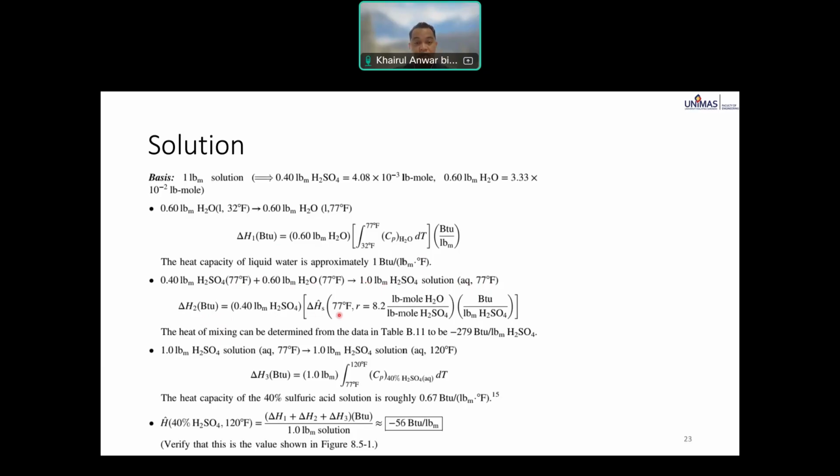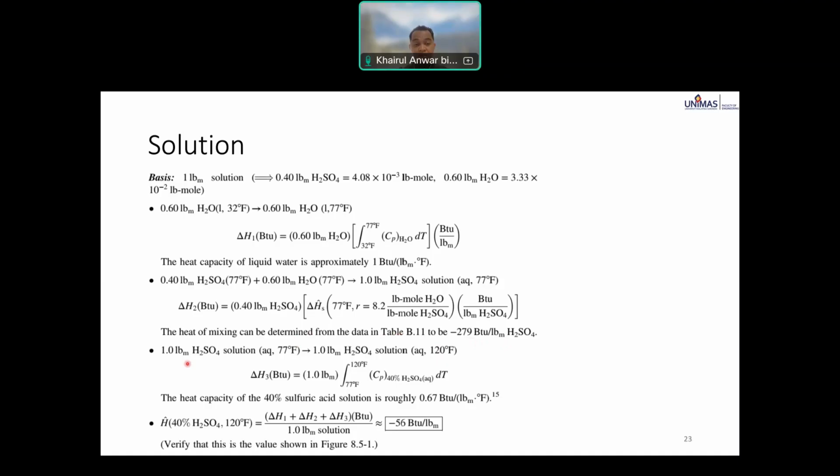So we do the calculation. For delta H2, we refer to table B11. Based on table B11, the heat of mixing can be determined from the data to be negative 279 BTU per pound mole H2SO4.